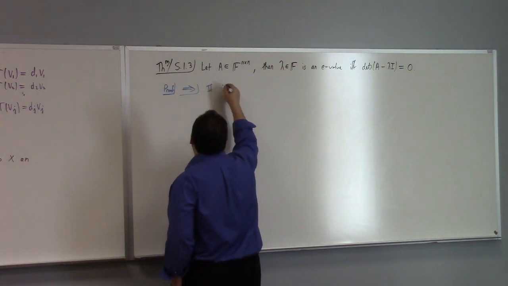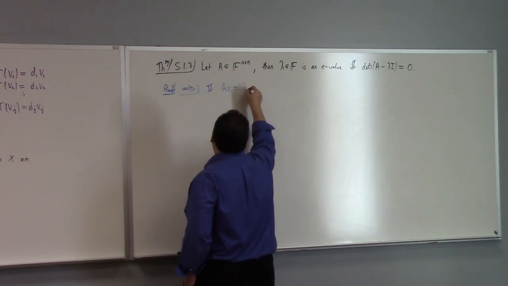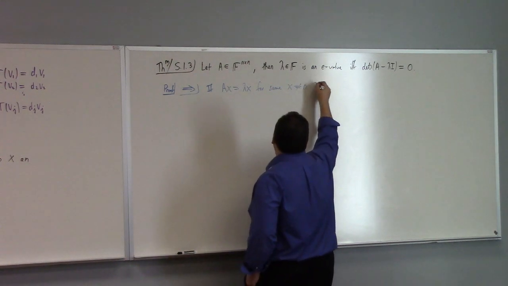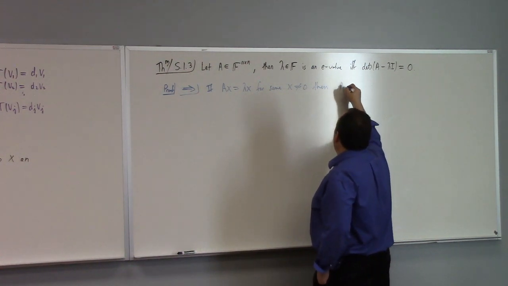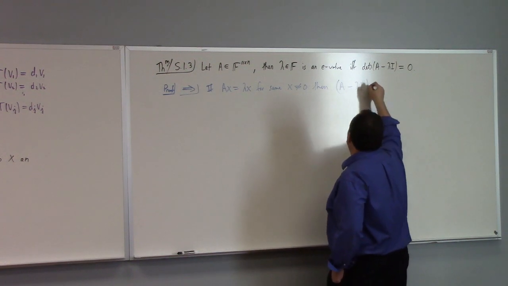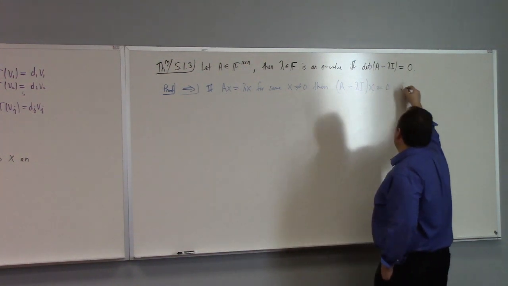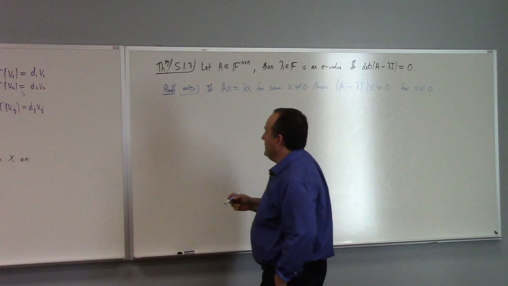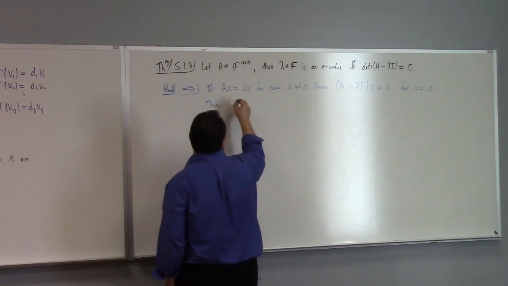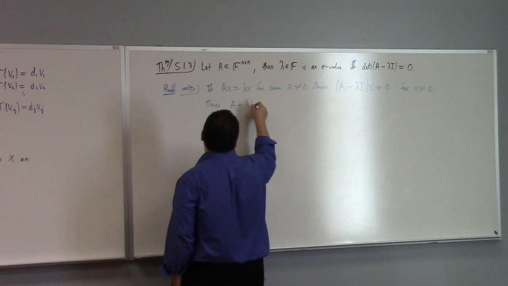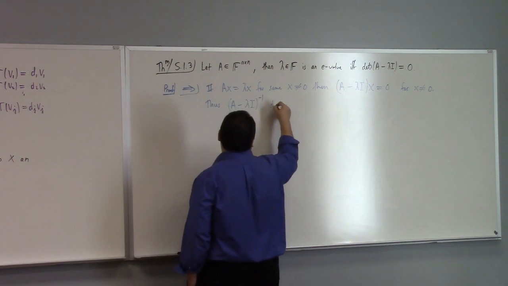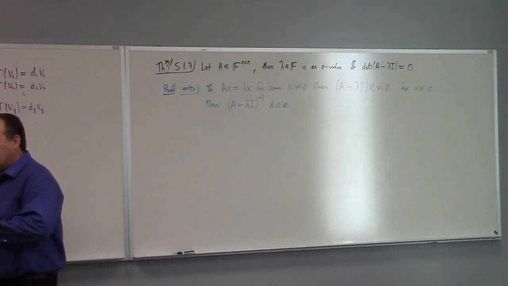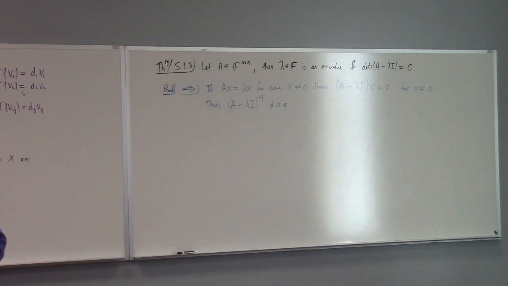If Ax is equal to lambda x for some x not equal to 0, then we have A minus lambda I times x is equal to 0 for x not equal to 0, right? Thus, A minus lambda I inverse does not exist. Because why? Well, we have a non-zero solution to the homogeneous problem, right?